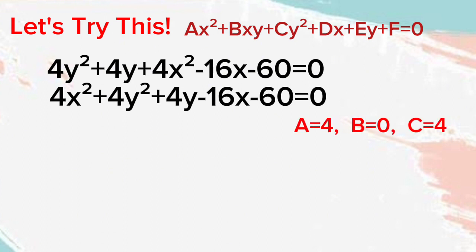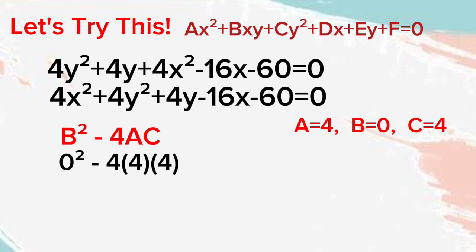The value of a is 4, the value of b is 0, and the value of c is 4. Using the discriminant formula b squared minus 4ac, by substitution we have 0 squared minus 4 times 4 times 4, which equals negative 64. Since our discriminant is less than 0 and a is equal to c, this conic is a circle.